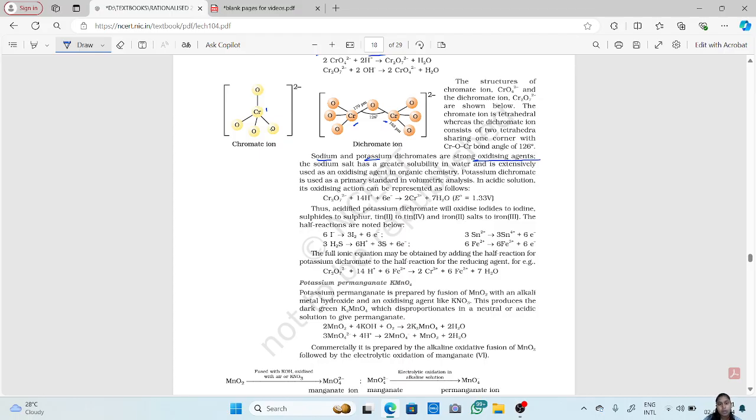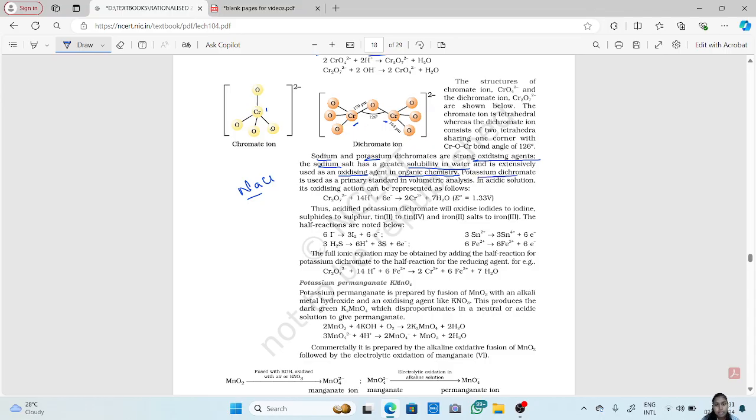Now, the sodium salt has a greater solubility in water and is extensively used as an oxidizing agent in organic chemistry. Sodium being a salt which is readily soluble in water, it is more frequently used as an oxidizing agent in organic chemistry.